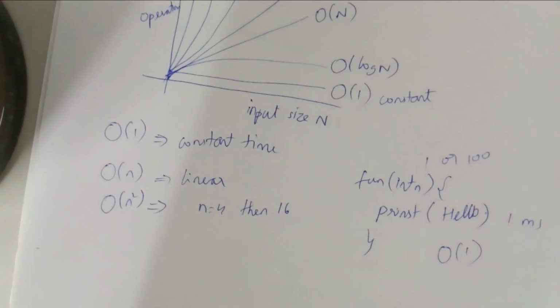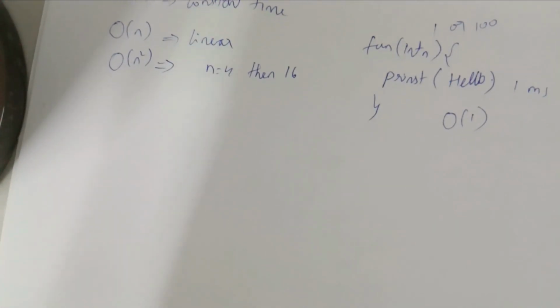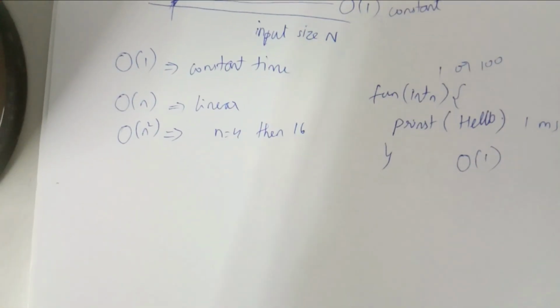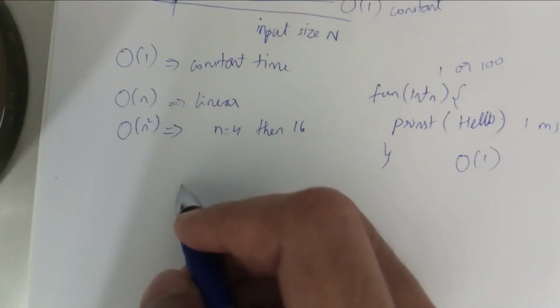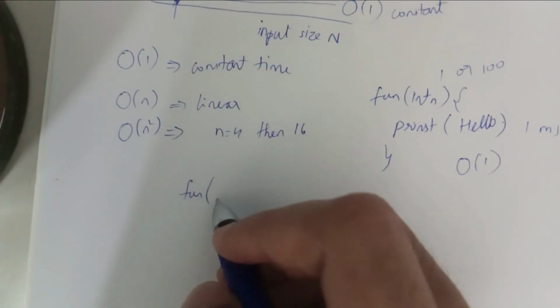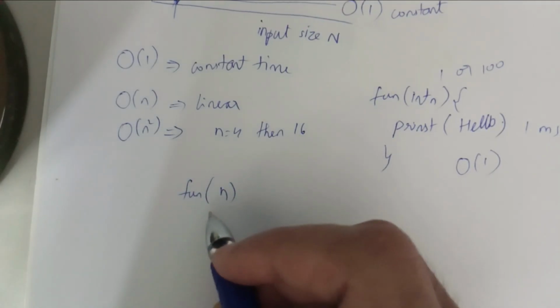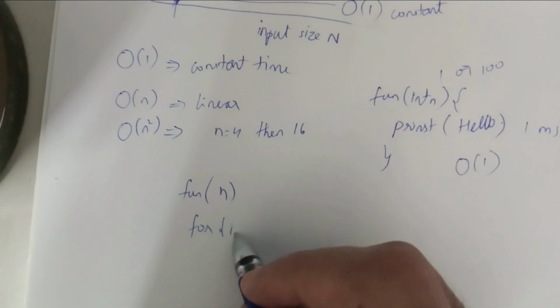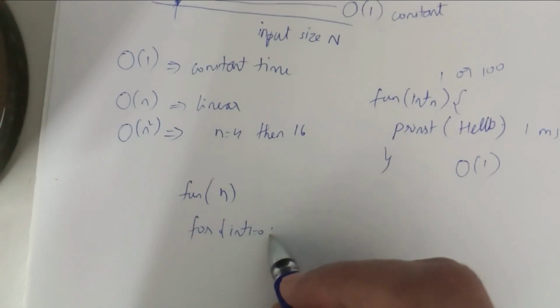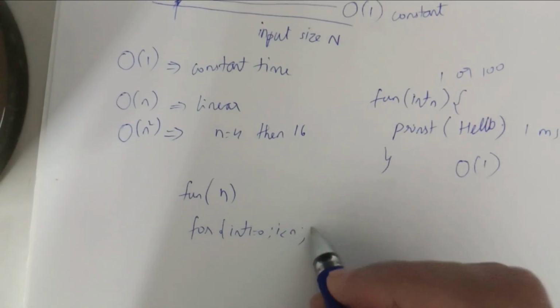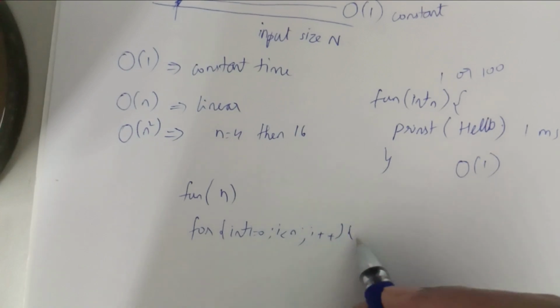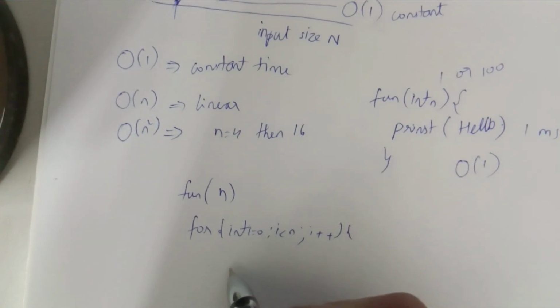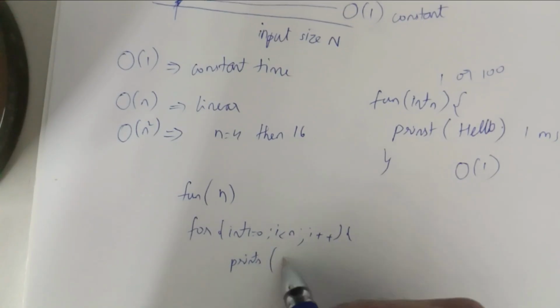And similarly, if we have a function that takes n, and we have a for loop which goes from int i is equal to 0, i less than n, i plus plus, and it prints hello.